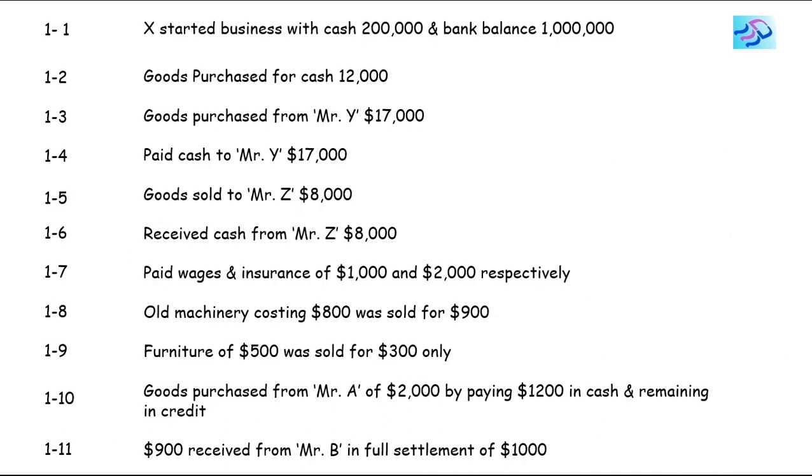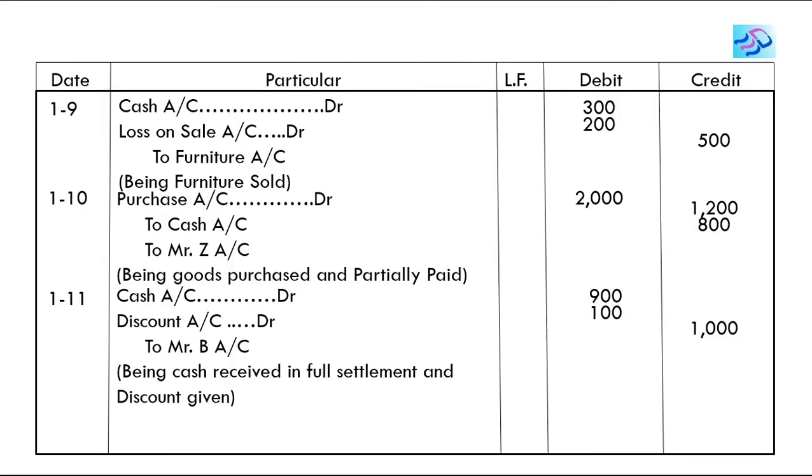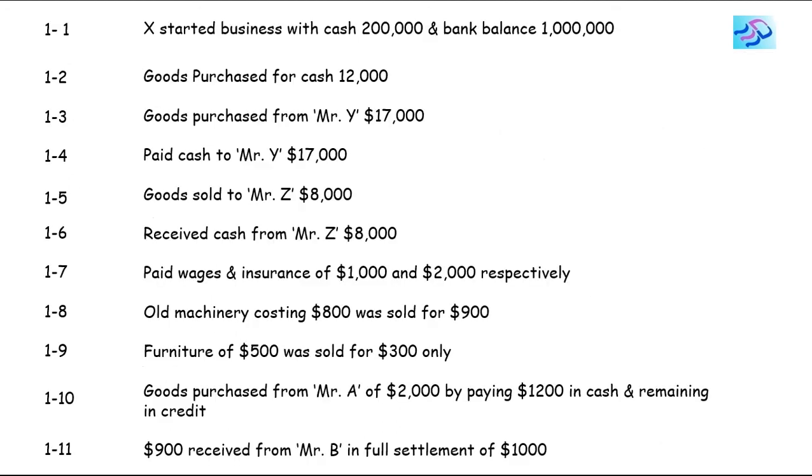We are purchasing goods worth $2,000, but we are paying in cash only $1,200. That is, cash goes out only worth of $1,200. Purchase account debit 2,000 to cash account $1,200 and the remaining is liability to us. We need to pay it again. So Mr. Z is our liability to Mr. Z account 800.